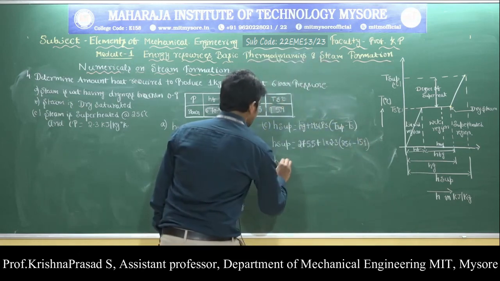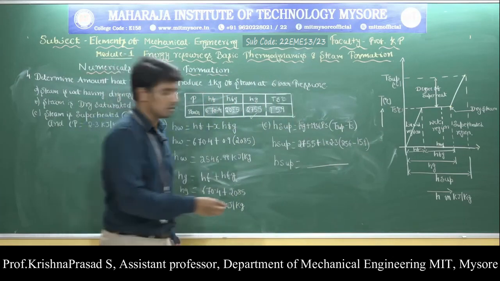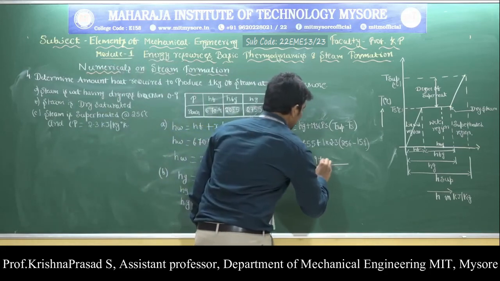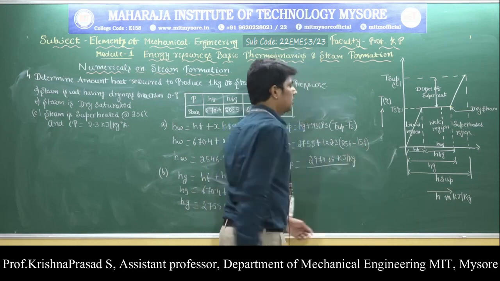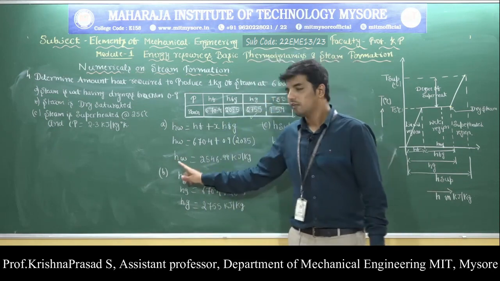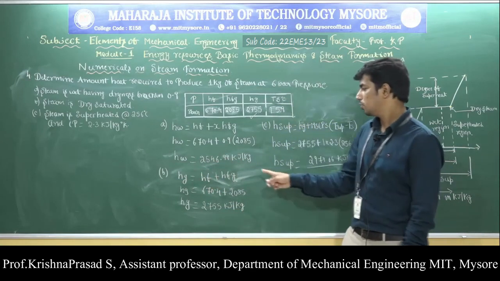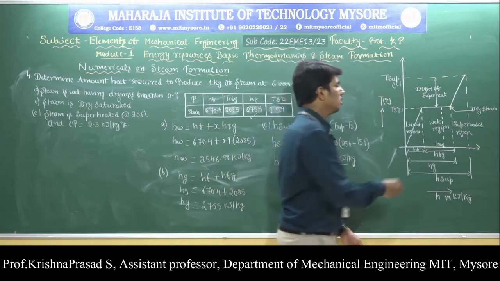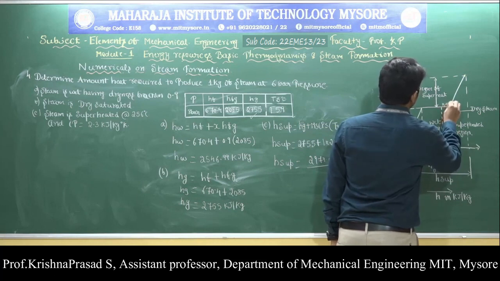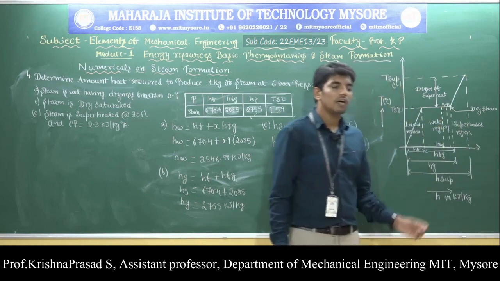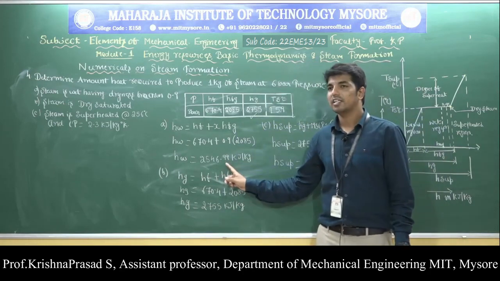After simplification, Hsup is equal to 2979.06 kilojoule per kg. The value of Hw indicates the enthalpy of wet steam, 2546.99 kilojoule per kg. Dryness fraction means it is 95% dry and only 5% wet. So at this condition, the enthalpy required is 2546.99 kilojoule per kg.